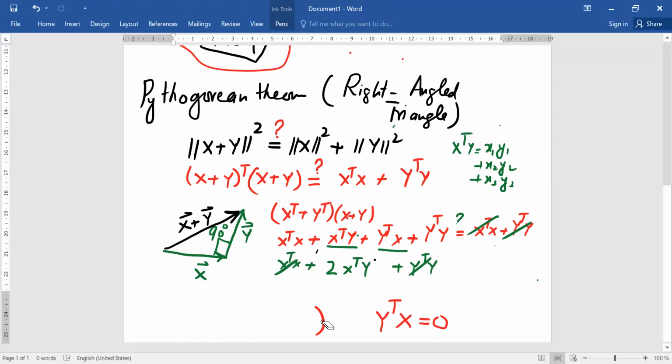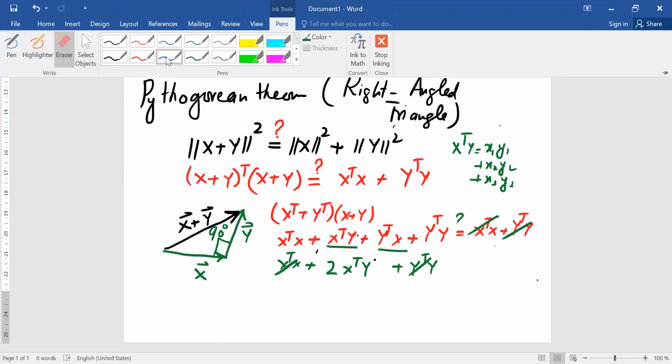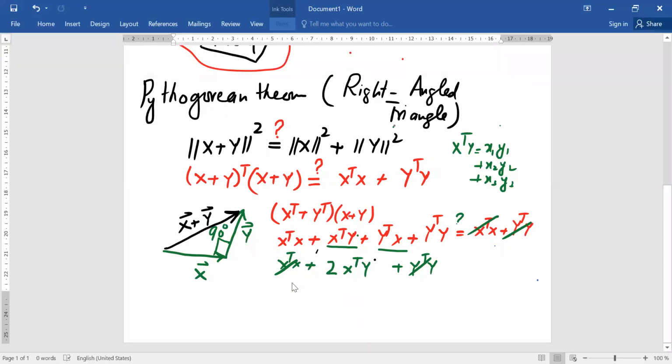Now the conclusion, and it's a very nice conclusion to see, says that 2 times X transpose Y is equal to 0. Of course, 2 cannot be 0, so we can conclude from this whole arrangement that X transpose Y is equal to 0.